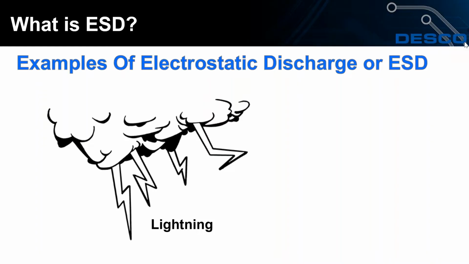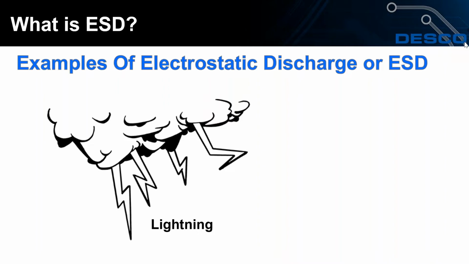So some examples of electrostatic discharge, or ESD. Lightning is a perfect example of ESD. We often wonder what causes that lightning. That's what happens when a cloud is full of rainwater on a stormy day, and the cloud happens to be thousands of feet above the earth. In many cases it's very cold, so I can have water, and I can also have ice crystals on that cloud. When those rainwater drops or ice crystals are contacting and separating, the top of the cloud becomes charged positive, and the bottom of the cloud becomes charged negative.